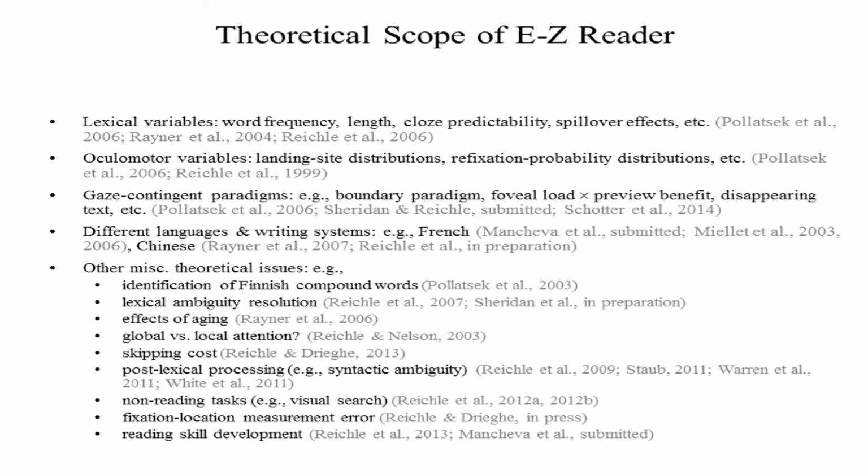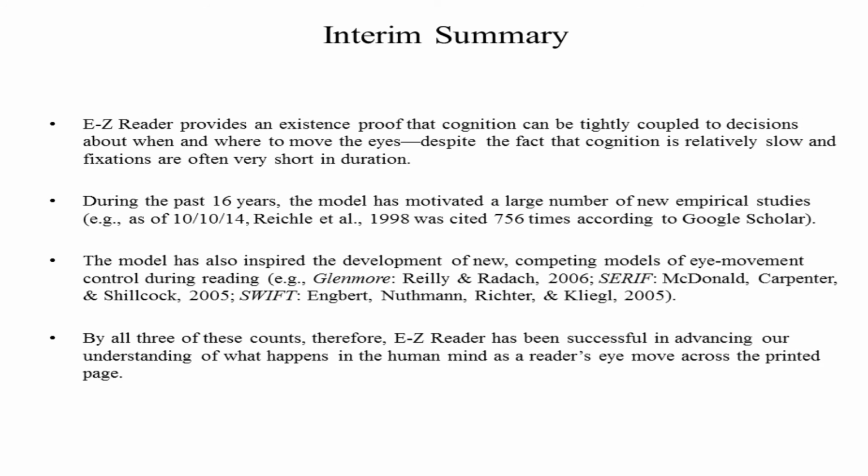Okay? So just to give you an interim summary, I think that the main value of this model is that it provides an existence proof that cognition can in fact be fairly tightly coupled to decisions about when and where to move the eyes during reading. And this is despite the fact that cognition is relatively slow, it's very sluggish, and fixations are often very short in duration.